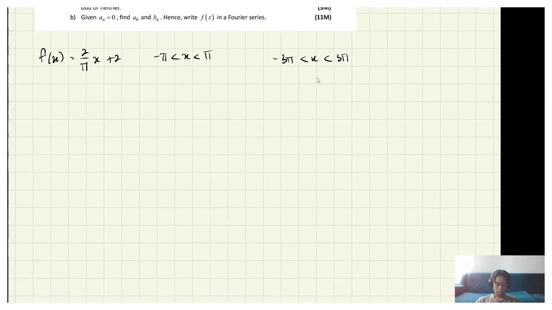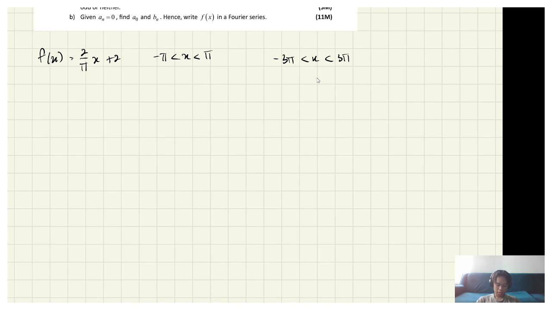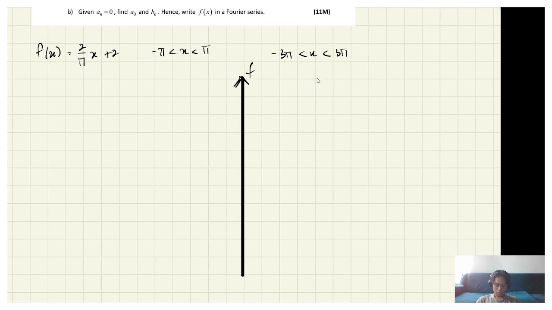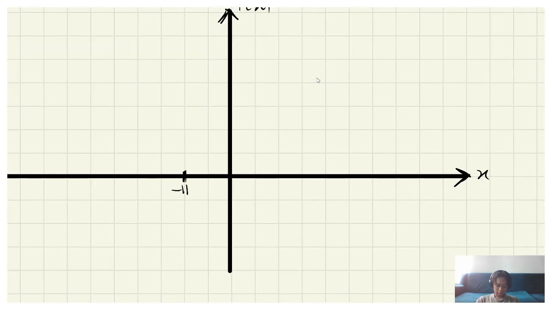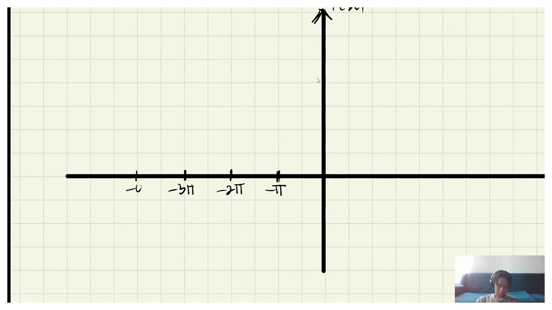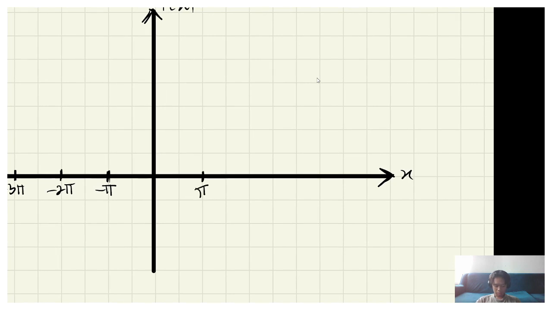Firstly, to make the graph, I make the graph axes first. So this line for f(x), and for x, I will make it pi, 2 pi, 3 pi, 4 pi, and here pi, 2 pi, 3 pi, and 4 pi.